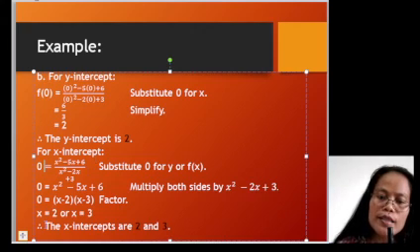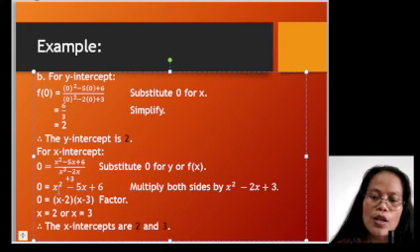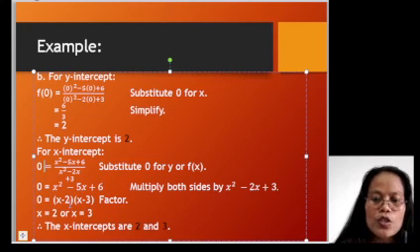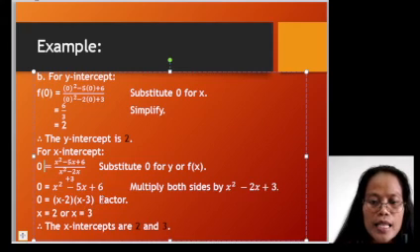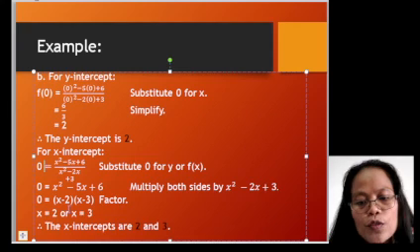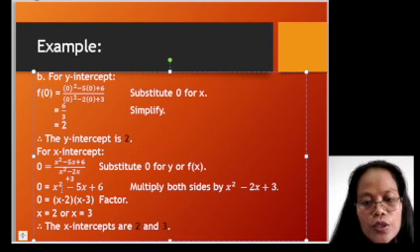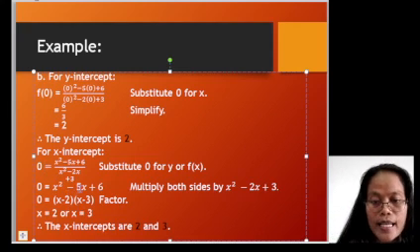How to solve for the x? We need to factor this x squared minus 5x plus 6. So the factors of x squared are x and x, and the factors of positive 6 are negative 2 and negative 3. It should be negative 2 and negative 3 because the middle term is negative 5x.